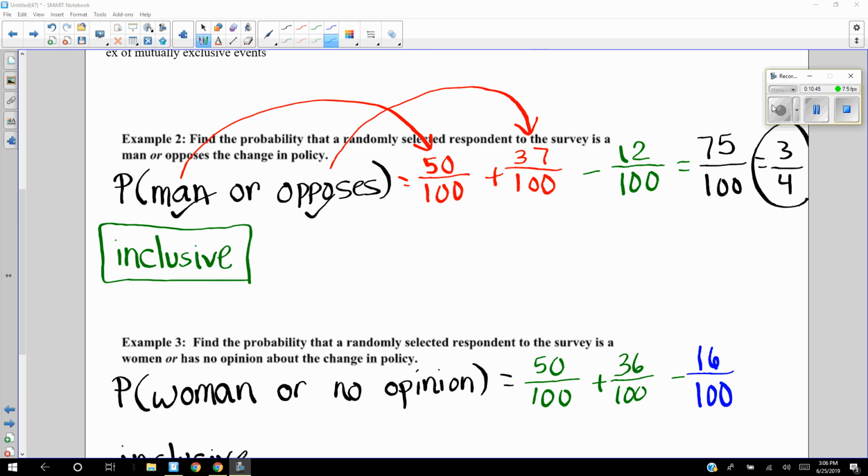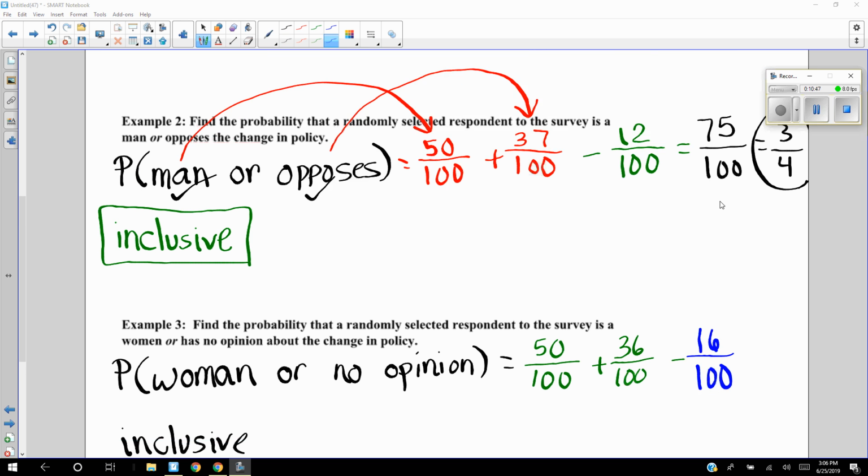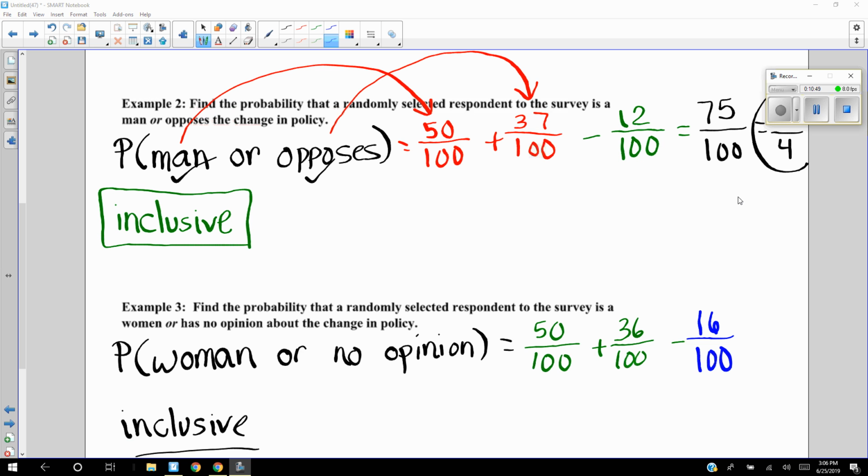So pretty similar to the last problem, this is an example of inclusive events, because there's going to be some overlap here. So you need to find the probability of a woman being randomly selected. That again is 50 out of 100. The probability of randomly selecting someone with no opinion is 36 out of 100. And then you need to subtract where these two events intersect.